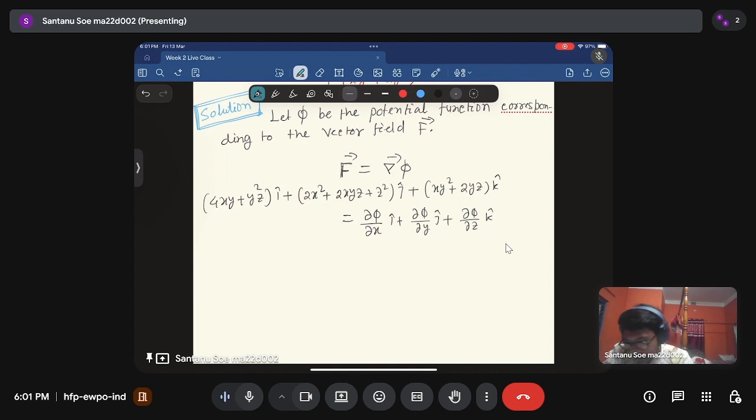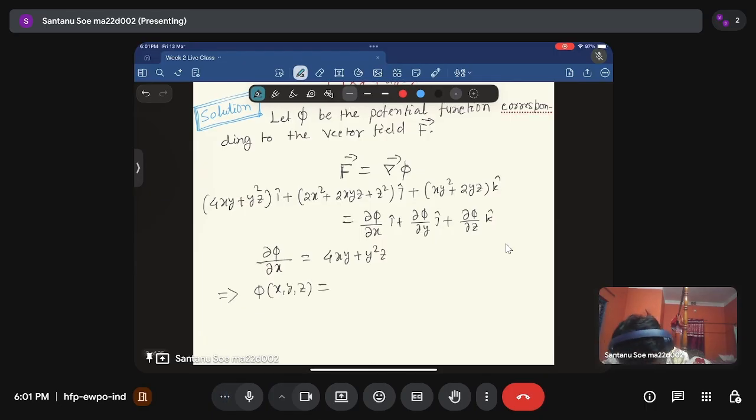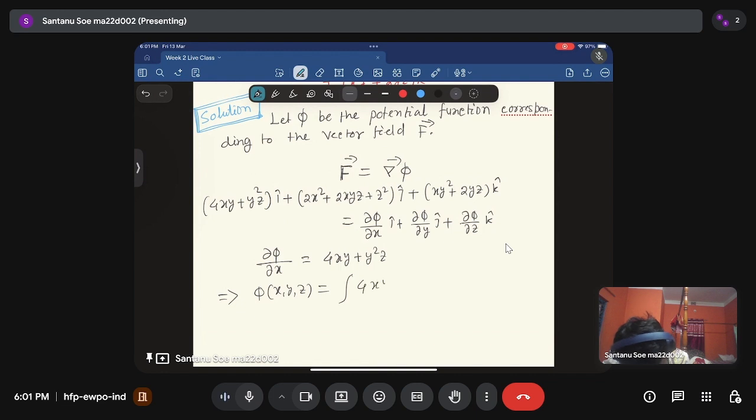Then we can write that del phi by del x equals to 4xy plus y square z. Correct? So now we can do integration with respect to x. So this is going to be phi of xyz equals to integration of 4xy plus y square z.